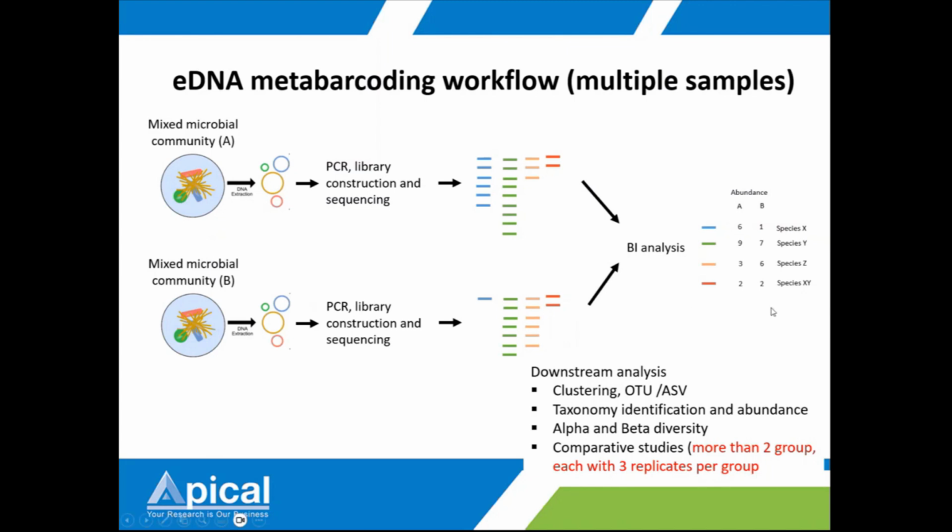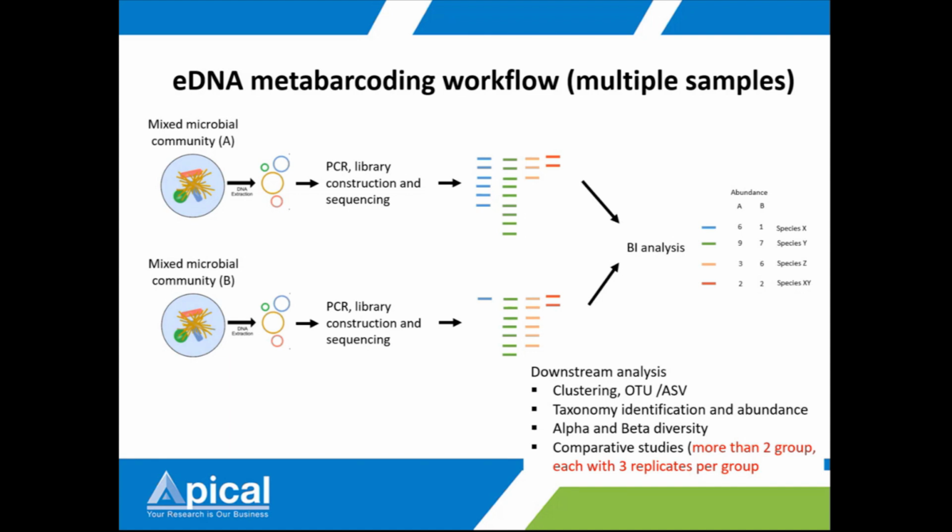Apart from having this table with the sequence, abundance and species information, there are other things you can do. For example, you can have statistical analysis, such as alpha and beta diversity, which is a common analysis when you run metabarcoding. Apart from that, you can do comparative studies. For this to be done, you need at least two groups, because if you have one group, definitely you cannot compare.